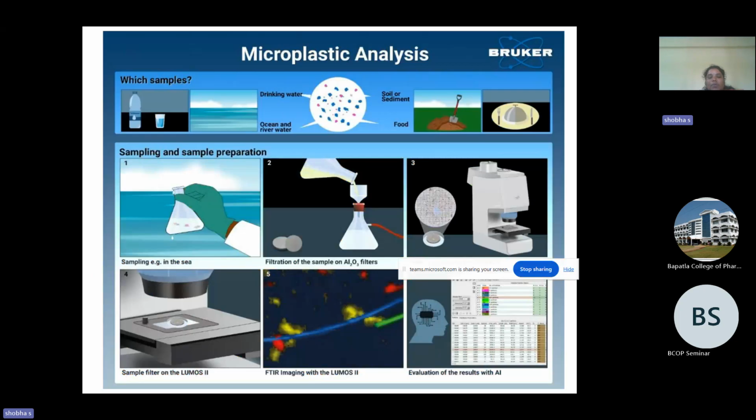Microplastic analysis we can also go further with using IR. This instrument, whatever is shown here, is an IR spectrometer with microscopic analysis. We just place the sample, and it will give the microscopic pictures. From the pictures also, we come to know these are the polymers and these are the functional groups they may have. So micro to very little sample is enough for the analysis of the IR spectrum.